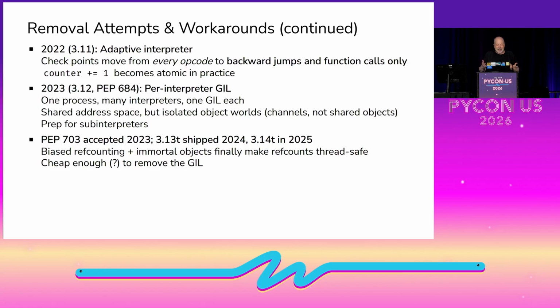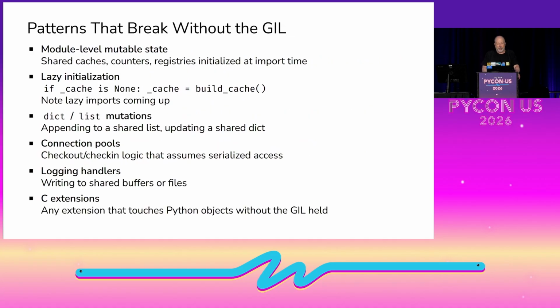So that shows some promise to solve, again, a certain subset of problems. And then finally, we've gotten this free threading version, which is still arguably experimental, but it appears to be cheap enough, and eventually maybe cheap enough to, who knows, become the mainstream one.